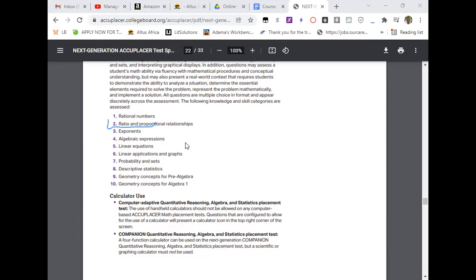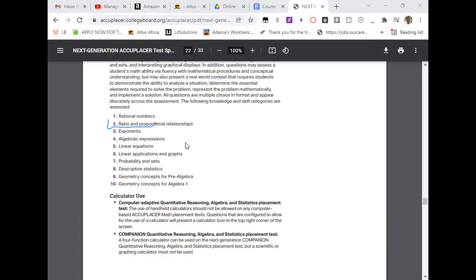And number 9, things get more complicated, the geometric concept of pre-algebra. So here is where you see similar triangles, Pythagorean theorem, and number 10, you'll be seeing cosine, sine, and how to find them, secant, and so on.